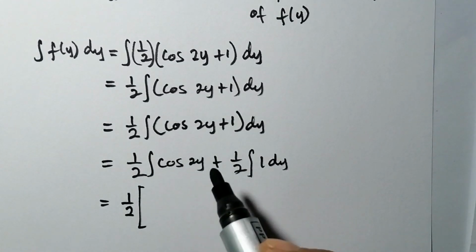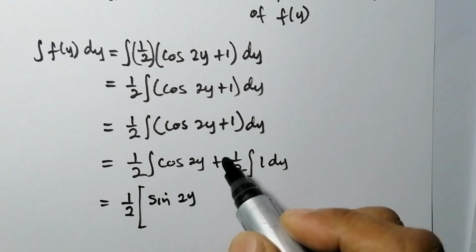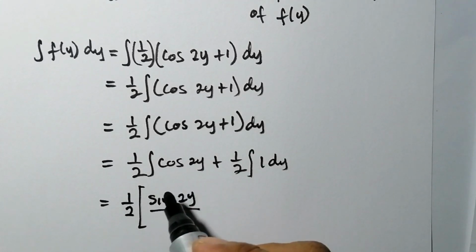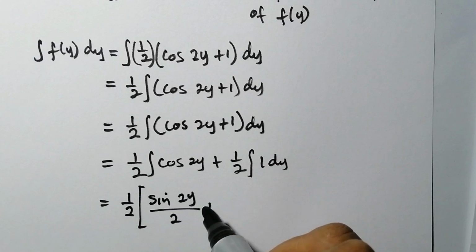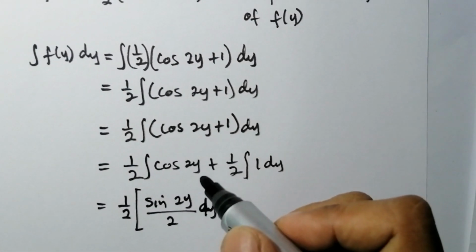Now the integral of cosine 2y is equal to sine 2y over 2, and the integral of 1 is y.